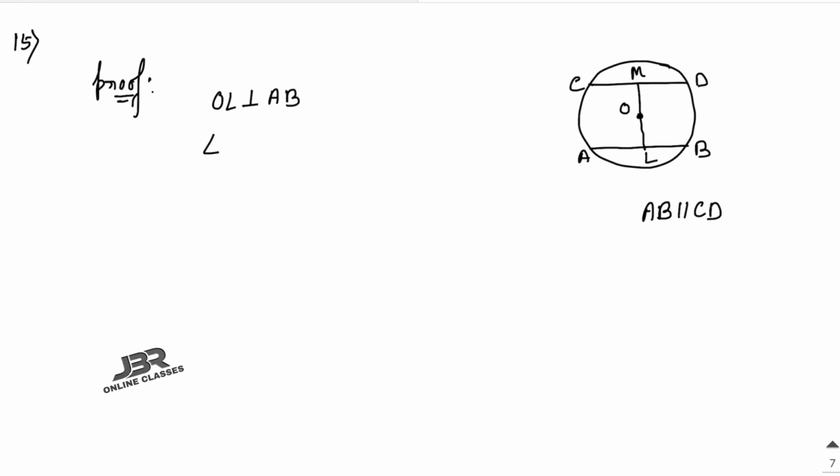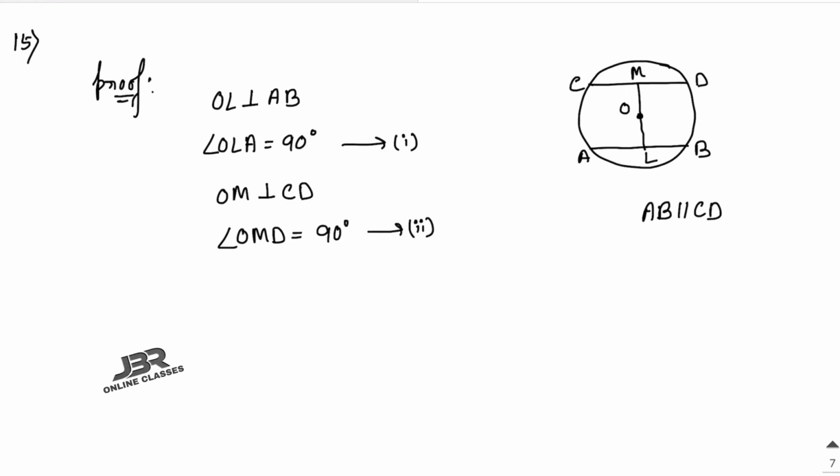That means angle OLA equal to 90 degree. That is the first one. Now next, M is the midpoint of CD. That means OM definitely perpendicular on CD, and angle OMD also equal to 90 degree. That is number 2.